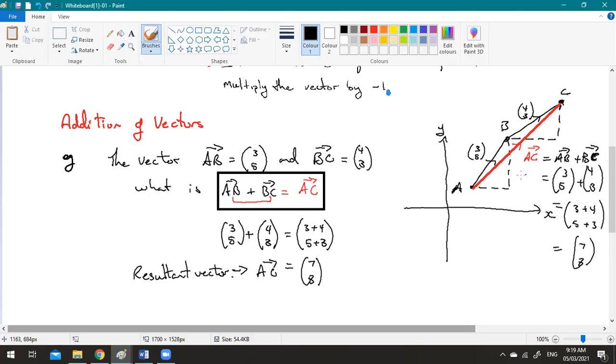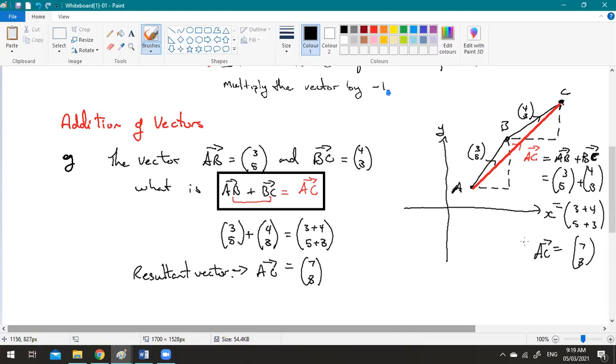So the vector from A to C will be 7 to the right and 8 going up. And if we check the dashes, we have 1, 2, 3, 4, 5, 6, 7, so 7 is correct. And going up, we go 1, 2, 3, 4, 5, and then 1, 2, 3. So that's 8.